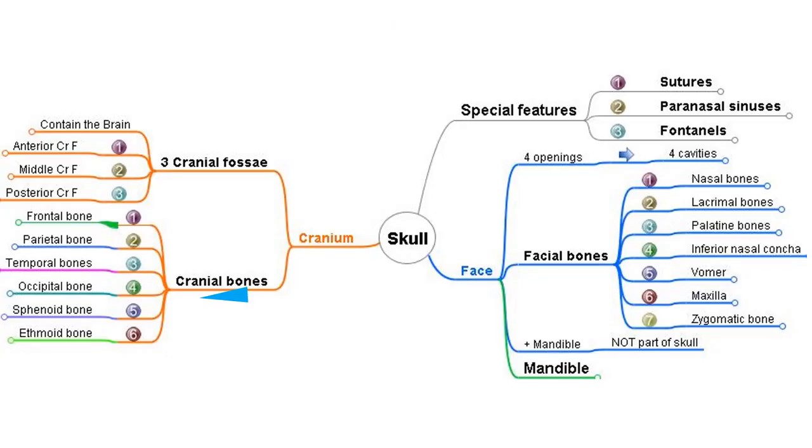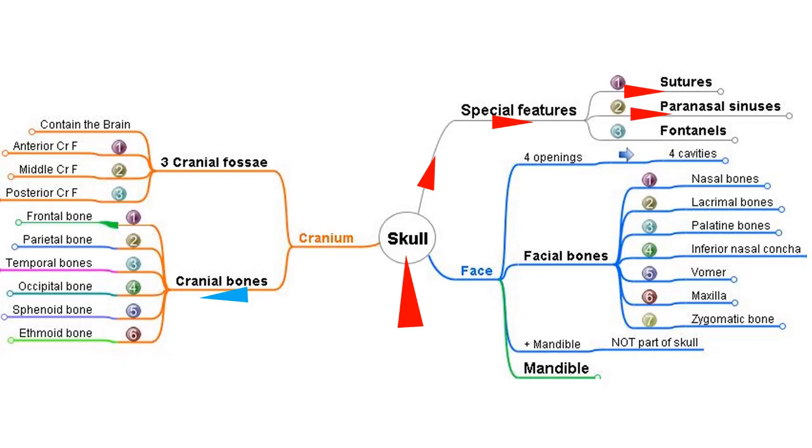This is an overview of the skull, and the skull has special features. What are these features? Number one, the bones of the skull are joined together by immovable fibrous tissue joints called sutures.